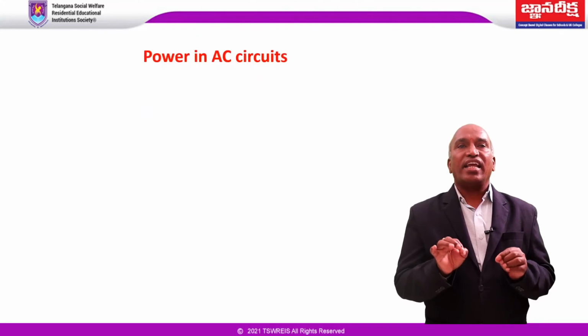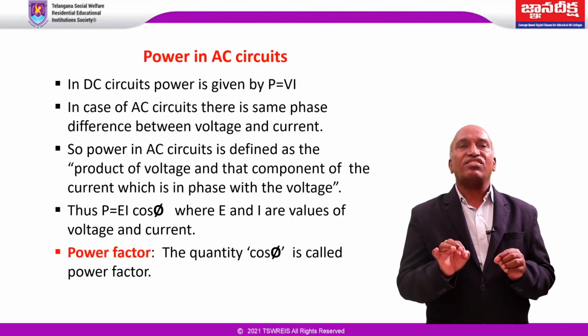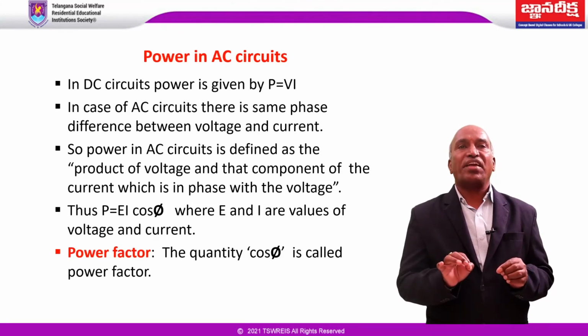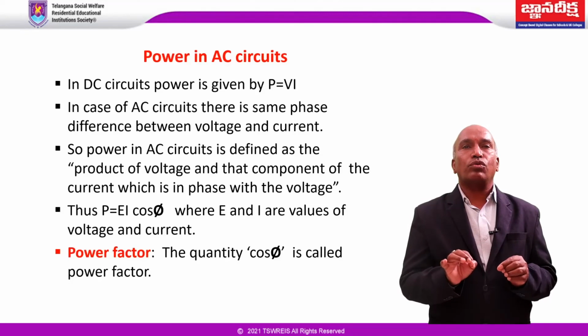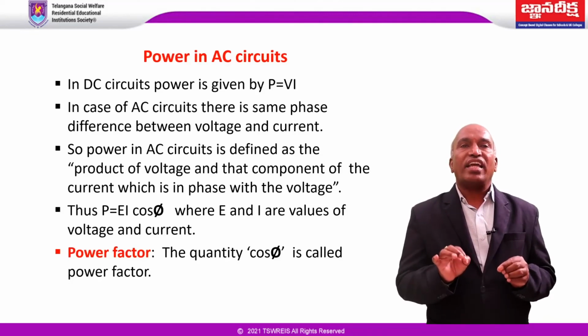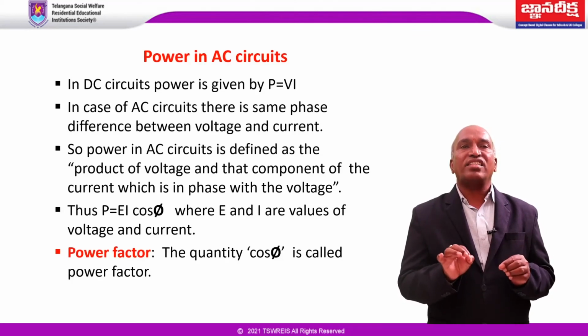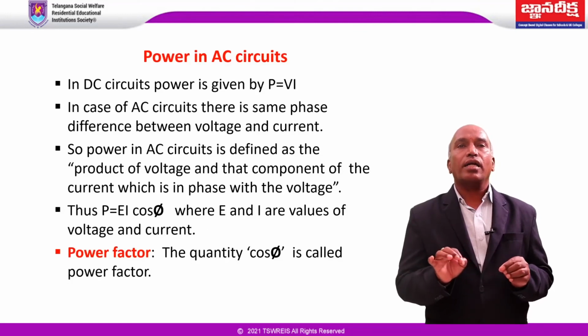Power in AC circuits. In DC circuits, power is given by the simple expression P is equal to VI. In case of AC circuits, there is some phase difference between voltage and current.